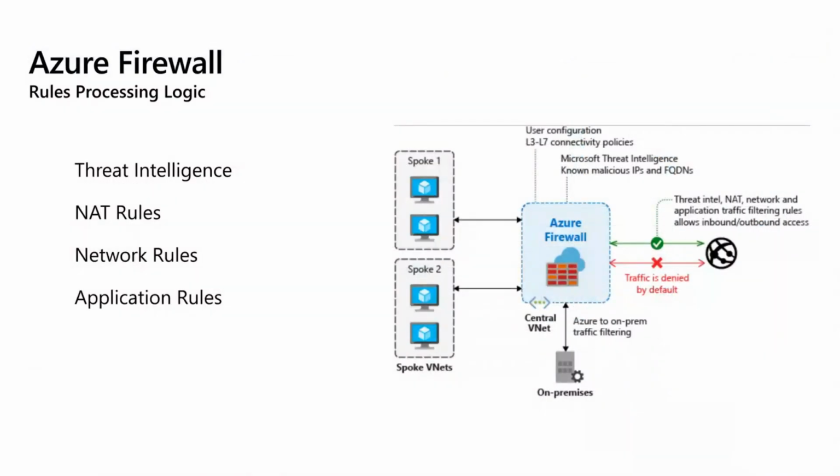So when I talk about the different things that the firewall does, what is the rule processing logic, right? Which rules get executed first? Whenever you have threat intelligence enabled, that's the first thing that will get executed. If I have threat intelligence deployed in deny mode, that traffic will be dropped before executing anything else, and you want it that way.